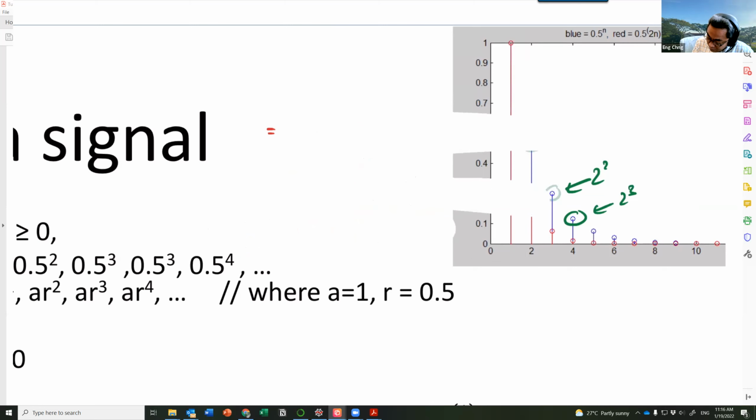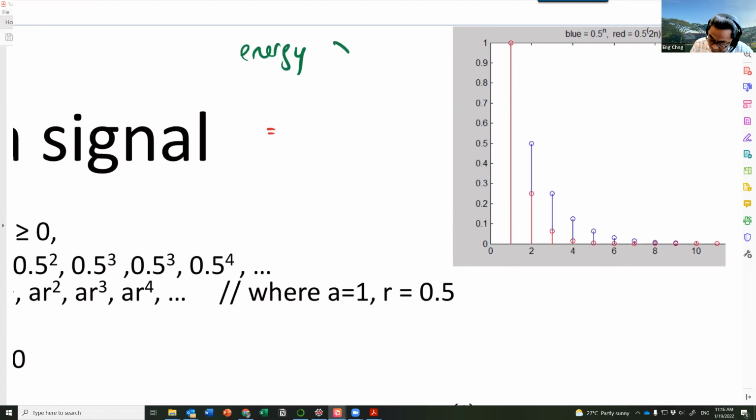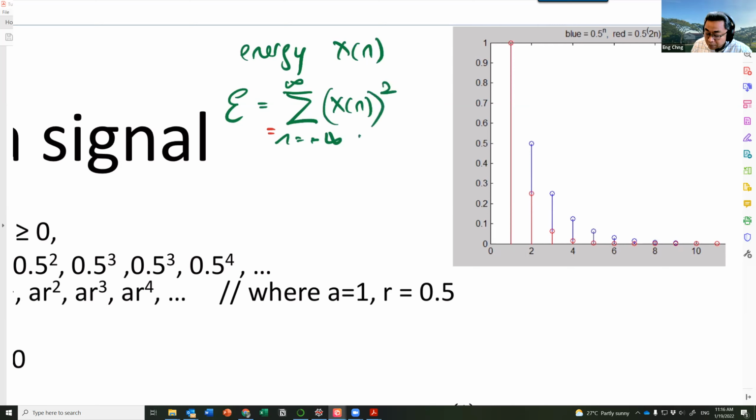And we want to find the energy of x[n]. So remember, energy equals the summation from n equals negative infinity to infinity of x[n] squared. So I'm going to square my sequence first. I take my blue line and I square the values.